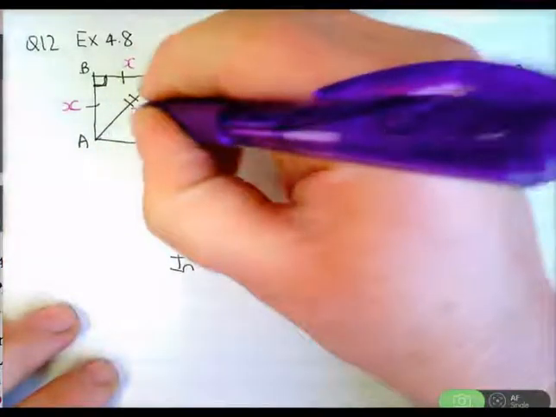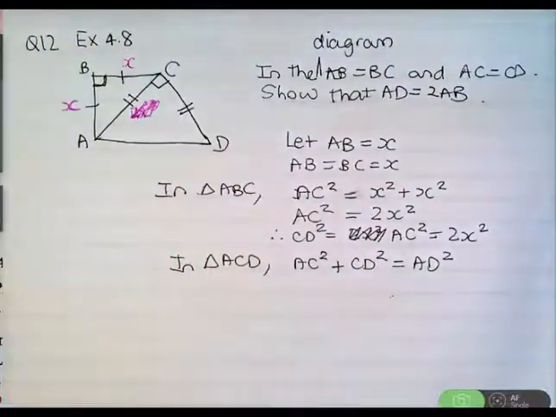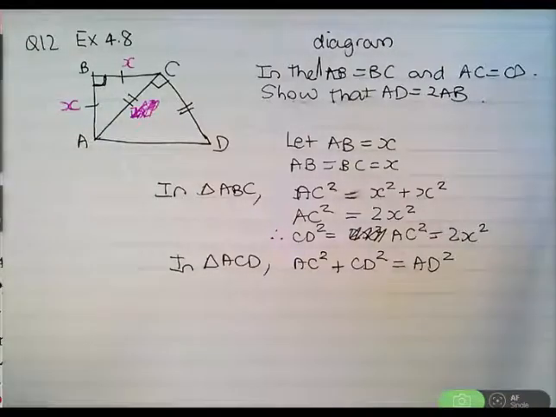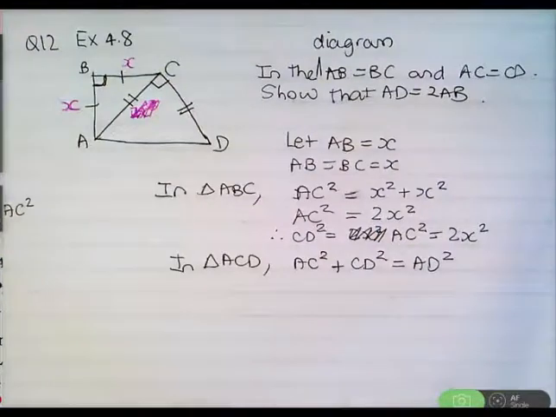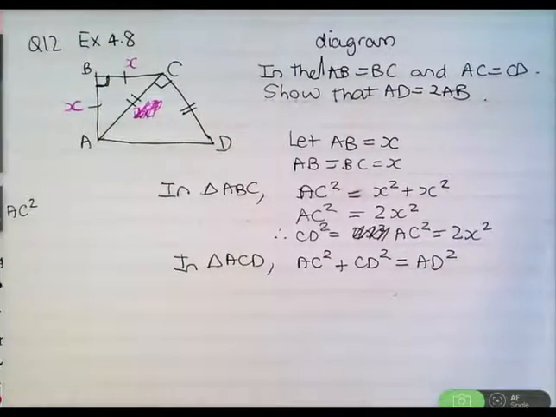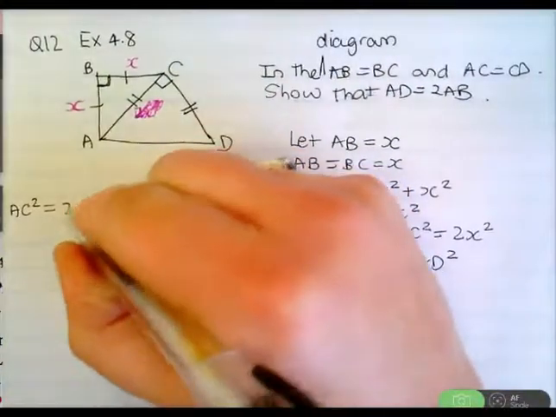That's not 2x squared. So just leave that, don't write it in. If I want to work it out, AC squared is 2x squared.